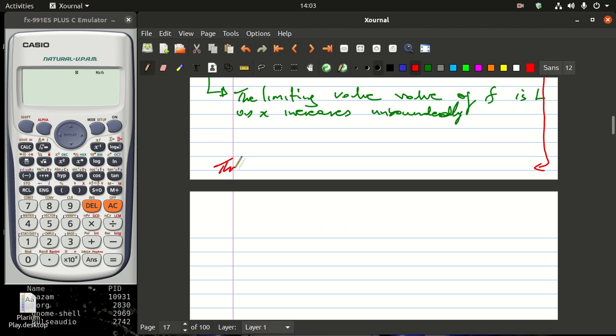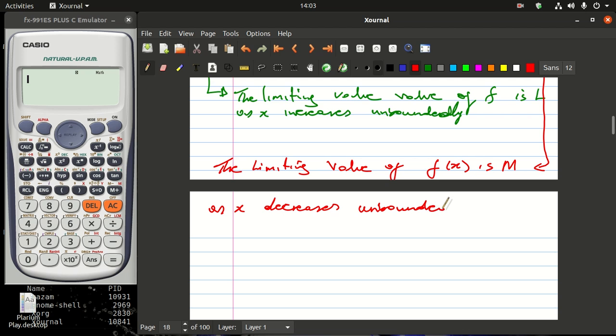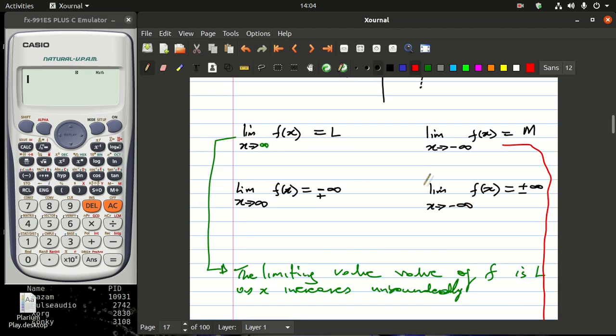The limiting value of f, or f of x, is m as x decreases. So our x now is decreasing unboundedly.